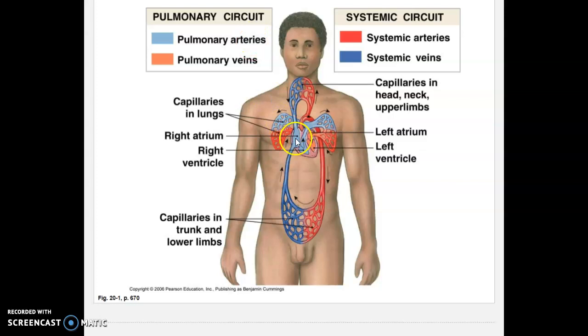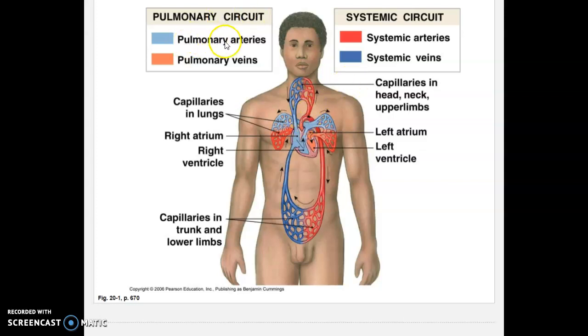Arteries always take blood away from the heart. Veins always take blood to the heart. Okay, so a systemic vein is taking blood to the heart because the blood is oxygen poor. In a systemic artery, we're taking blood away from the heart, particularly here in the aorta, and that blood is oxygenated.